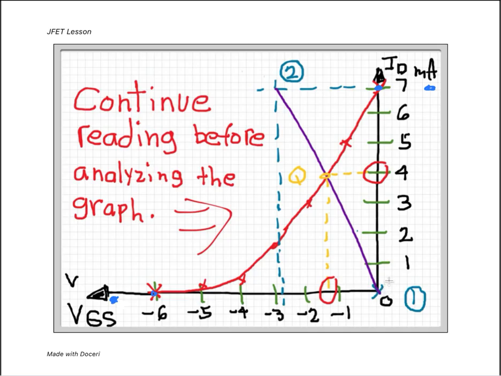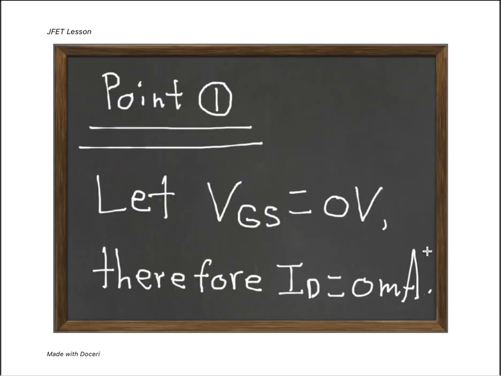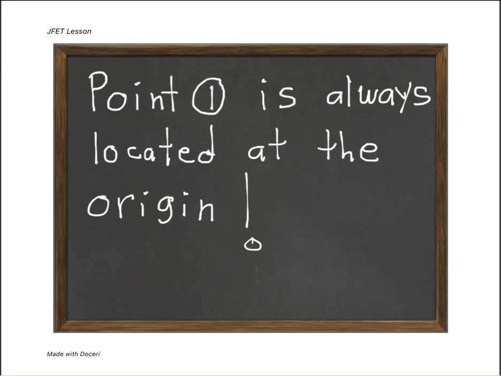Okay, so there's no drain current. So then therefore the gate to source voltage is 0. So this is always the origin. Okay, so point 1. If you're doing a voltage divider, this is somewhere else, but for the self-biased, this is the origin. Okay.